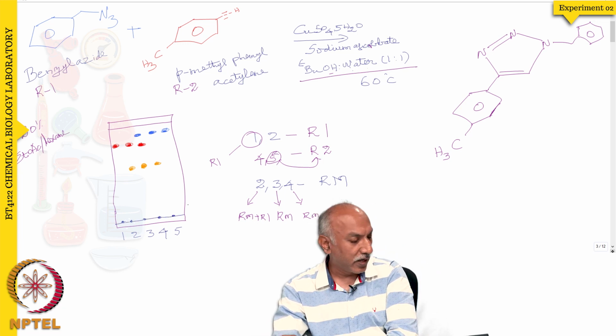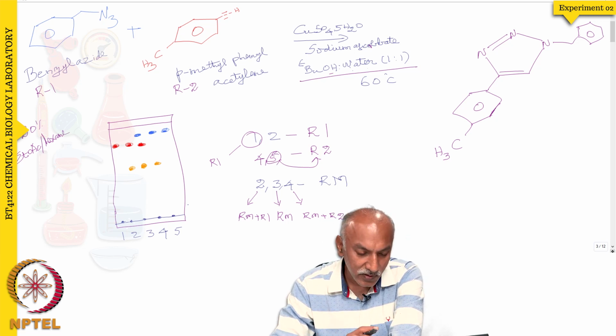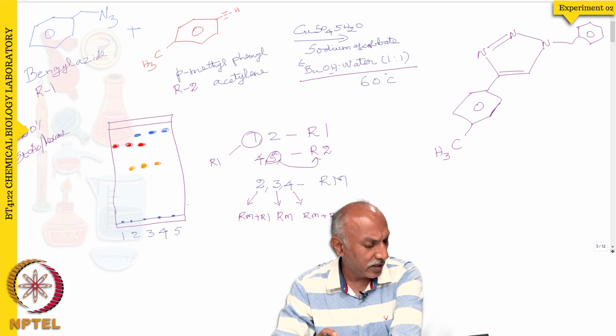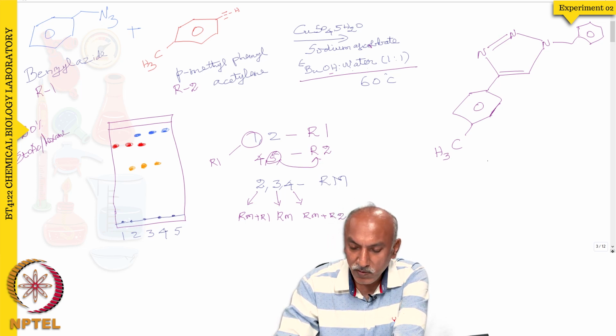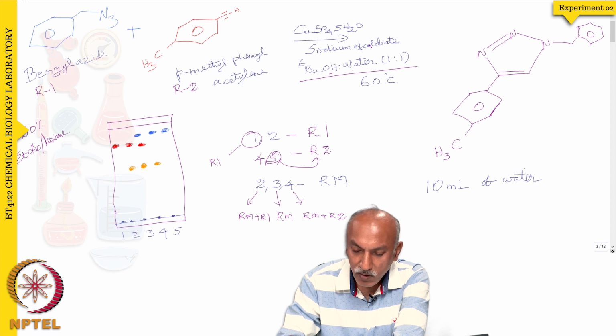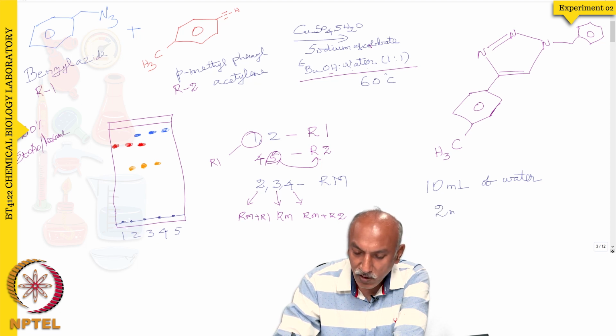This is how you monitor the reaction. After the completion of the reaction was ascertained, the reaction mixture was diluted with 10 ml of water, followed by addition of 2 ml of aqueous ammonia, that is ammonium hydroxide.